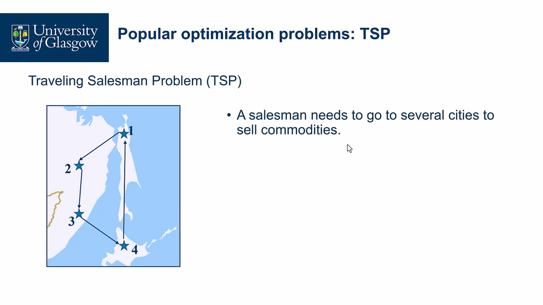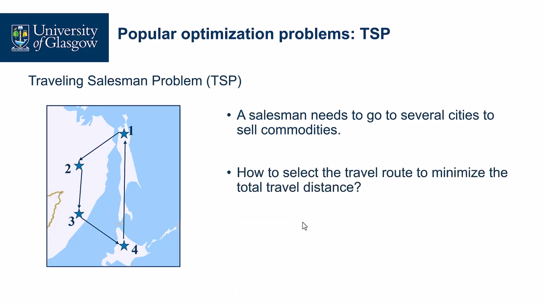He has many travel plans. So for example, he needs to travel to 4 cities. 1, 2, 3, 4, go back to 1. This is one way. Well, he can also go to 1, 3, 4, 2 and go back to 1. That's another way, right? So each of the routes has a different travel distance.